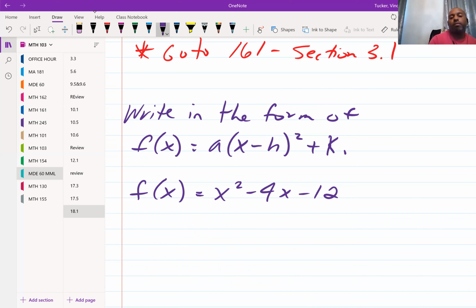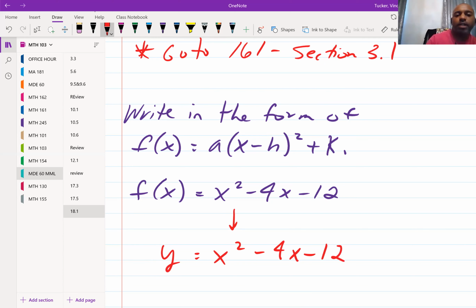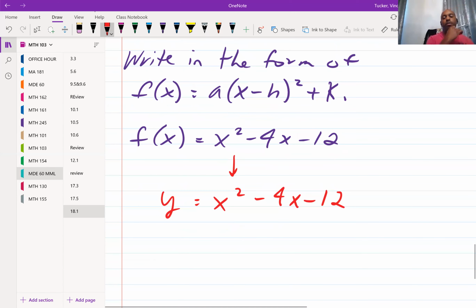So we have x squared minus 4x minus 12. First thing we can do, just for shorthand purposes, instead of keeping f of x, go ahead and interchange that with y.